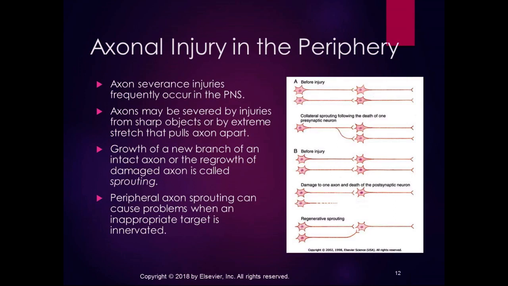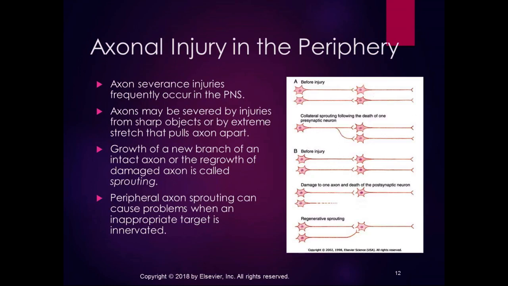In the periphery, axon severance injuries frequently occur. They could happen because you had surgery in a particular area and they had to sever the axon to do the surgical incision. They may be severed in injuries from sharp objects or an extreme stretch that pulls the axon apart. Growth of a new branch of an intact axon or regrowth of a damaged axon is called sprouting.